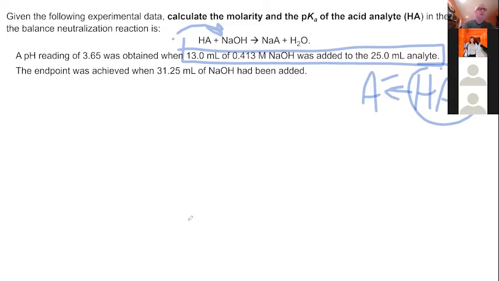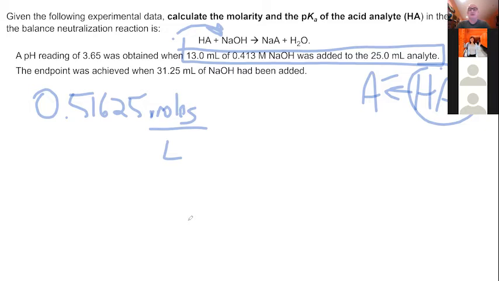So what was our new concentration, what, 0.516, was it? 0.51625, but yeah, 0.516. You might as well use all the digits till you get to the end.